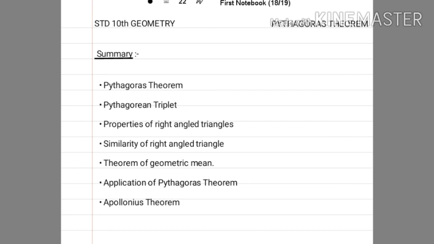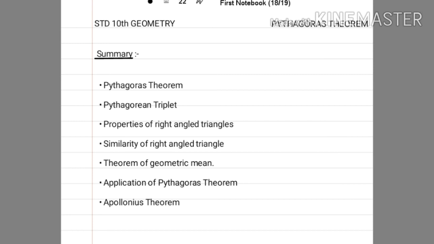In that, two cases were considered. First was the acute angle triangle and second was the obtuse angle triangle. So we got two relations between them.